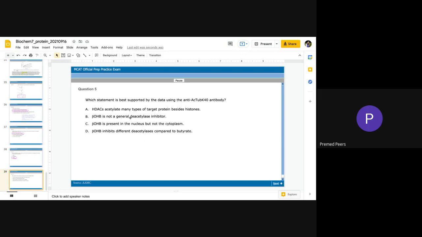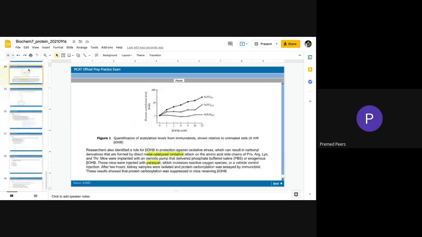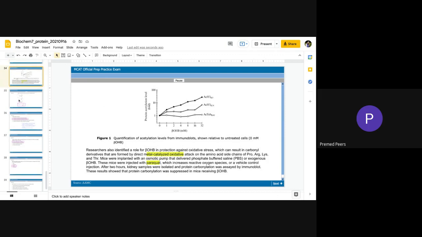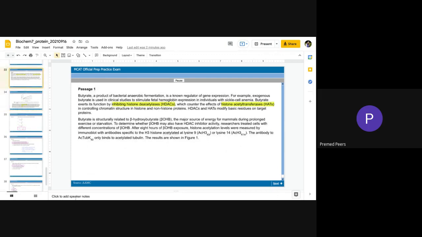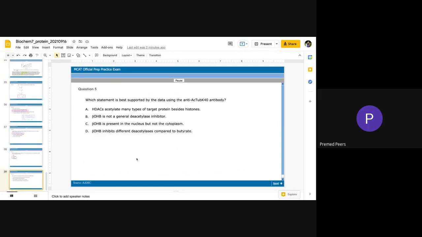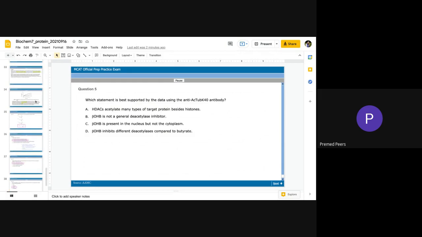So it is specific goes against with it inhibits different deacetylases compared to butyrate. Well, I would eliminate answer D because there is no information about comparison to butyrate. There's no data that is supporting that butyrate only inhibits one kind of deacetylase.